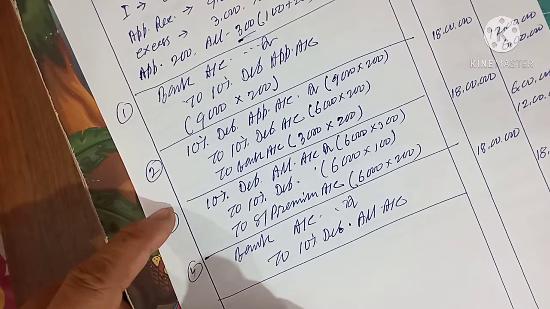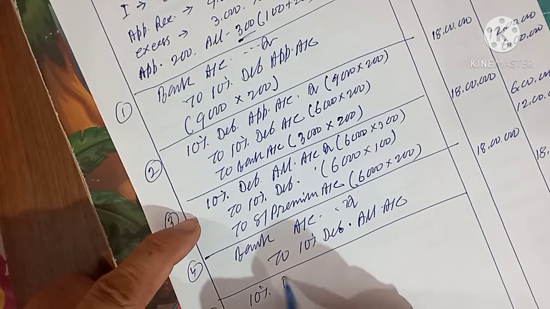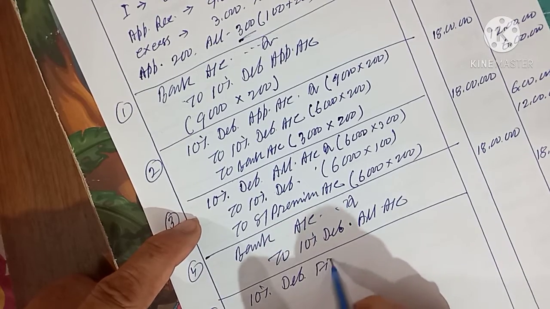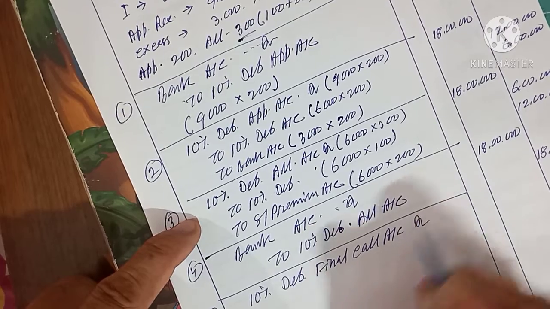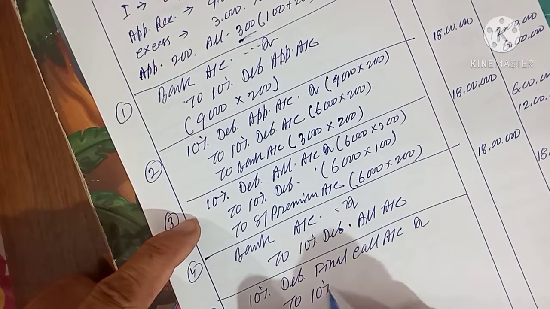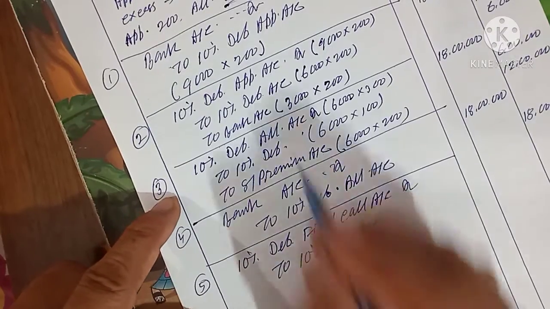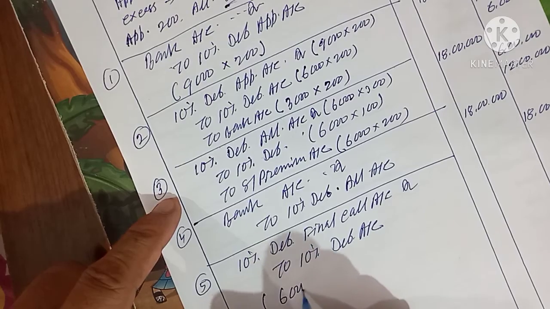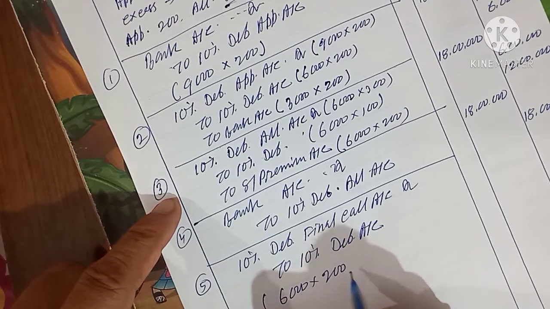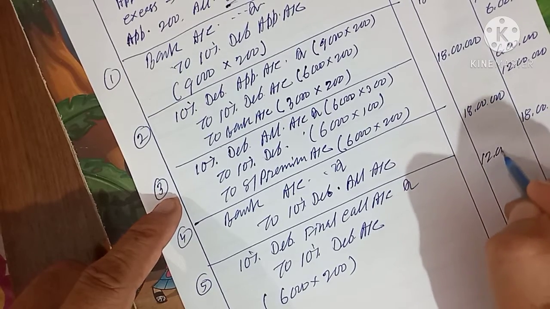Now the fifth entry, we will pass the same thing. 10% debenture final call account debit to 10% debenture account. And the final call amount, how much? 200. So 6,000 into 200. That you already got the balance there, 12 lakh.